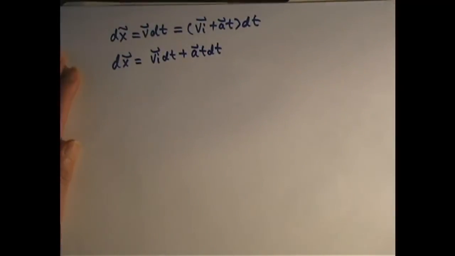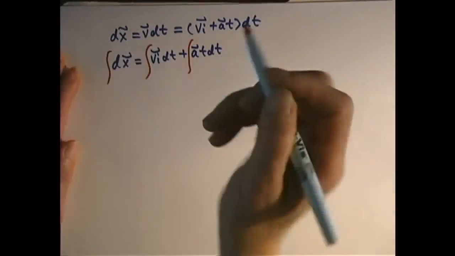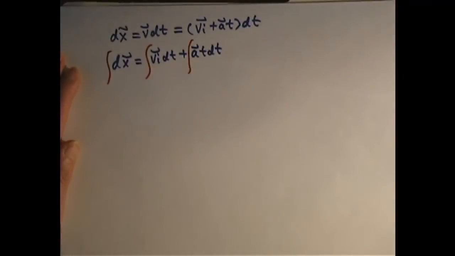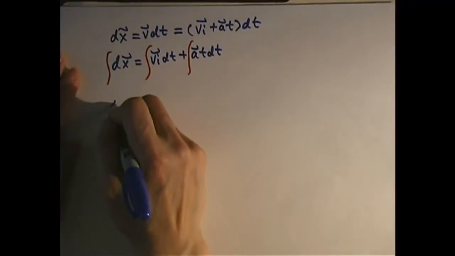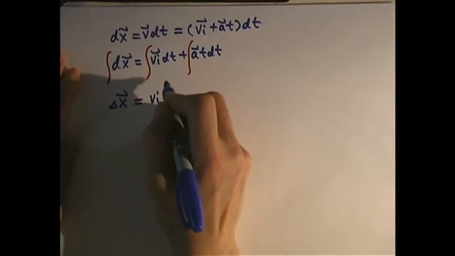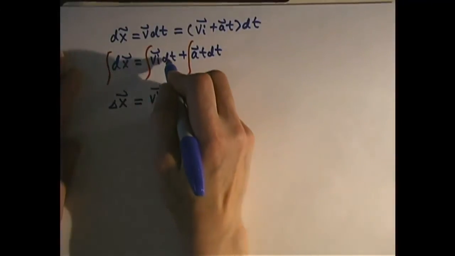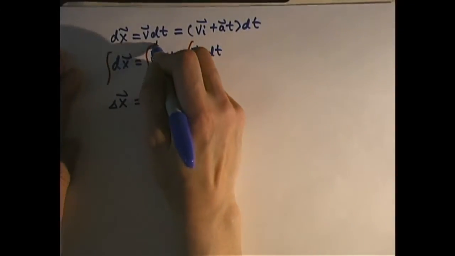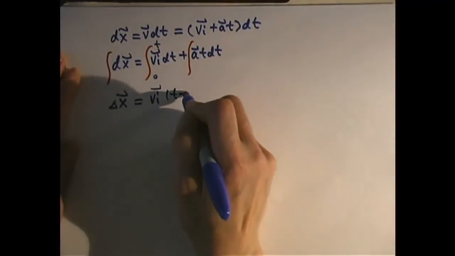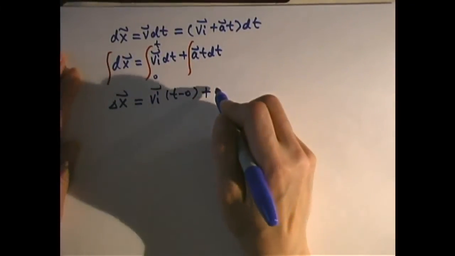If we want to do integral, then we just simply add the integral sign here, here, and here. The result comes out as delta x equals v initial, because that's constant, for dt, it's 0 to t. So it's t final minus the initial. Since acceleration is constant, a comes out.